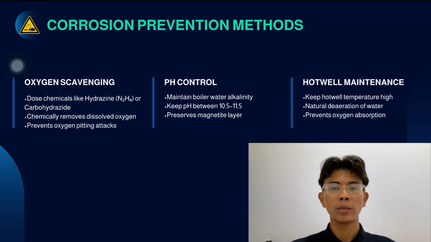We dose chemicals like hydrazine and carbohydrazide to chemically remove oxygen. Mechanically, we keep the hot well temperature high to encourage natural deaeration before the water even enters the boiler.